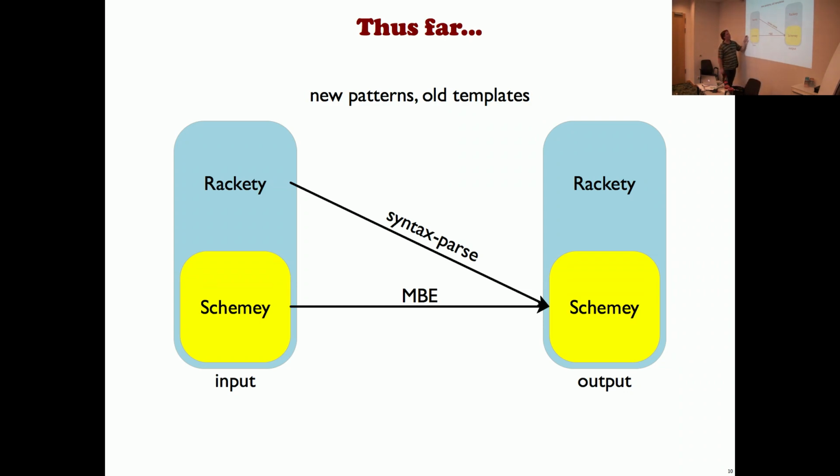So it's easy to write a macro that takes in the new cool spiffy syntax that has keywords and non-parenthesized grouping and everything, as long as the target still looks like Scheme. And of course, there are ways around this. They just involve extra coding, escaping to Racket. But they don't really fit within the pattern and template language. So the goal is to draw that horizontal arrow at the top.